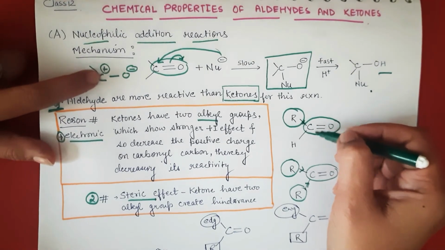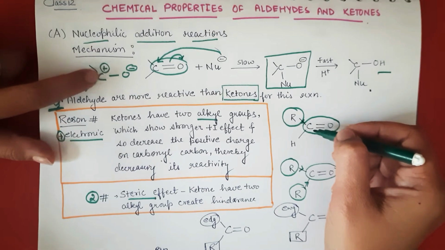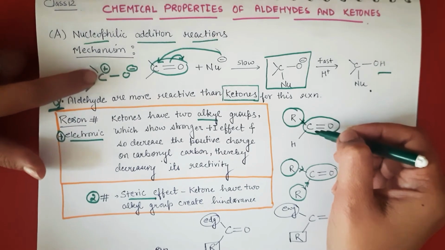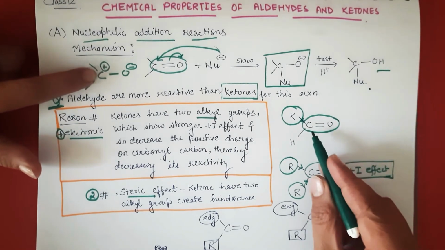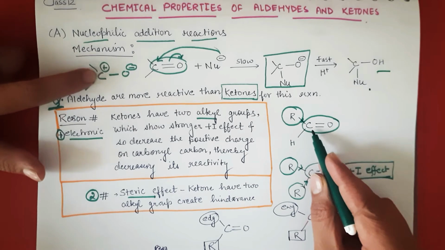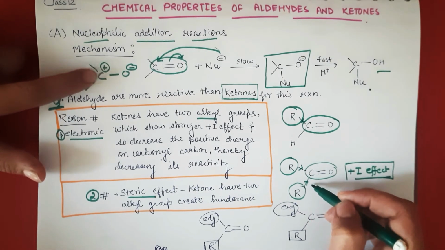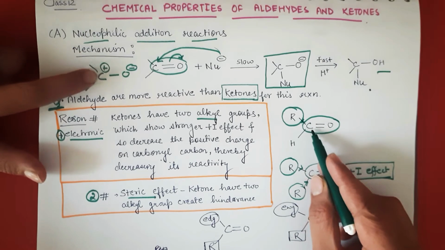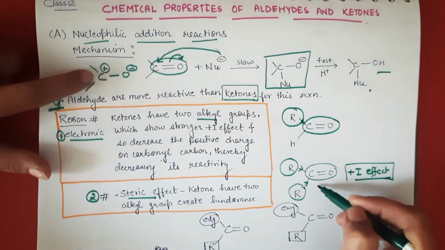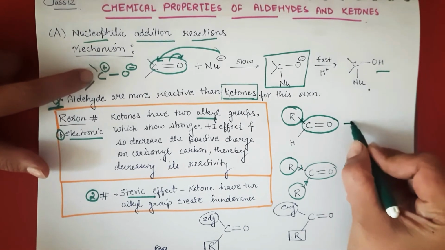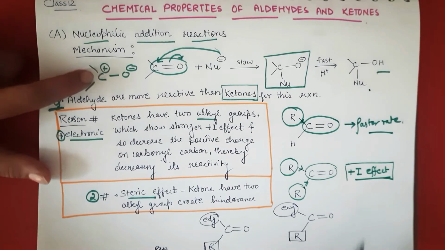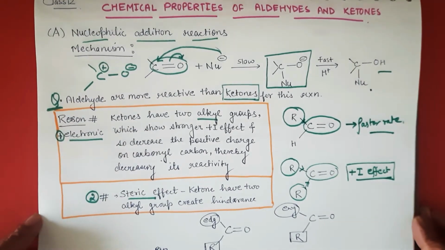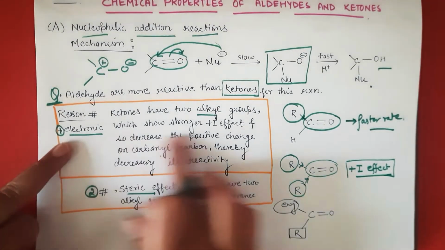So in case of aldehyde, there is more chance of the nucleophile to attack here as compared to ketone, because carbon is having more positive character in aldehyde as compared to ketone. So this will react at a faster rate as compared to ketones. Okay, I think the electronic effect is clear till now.